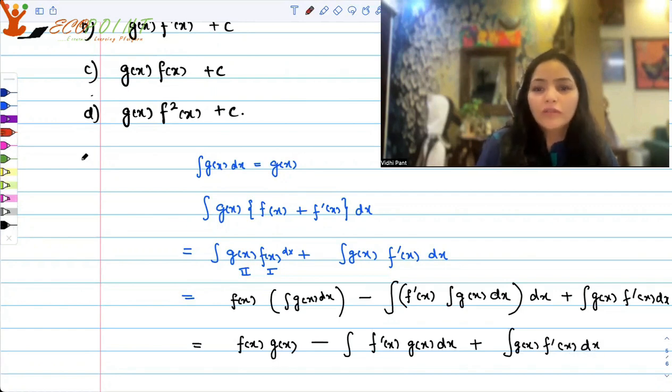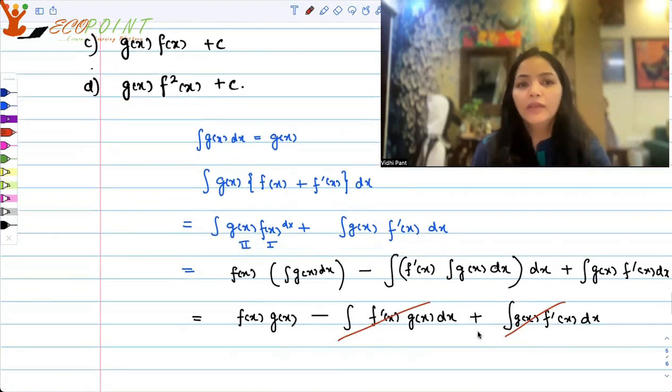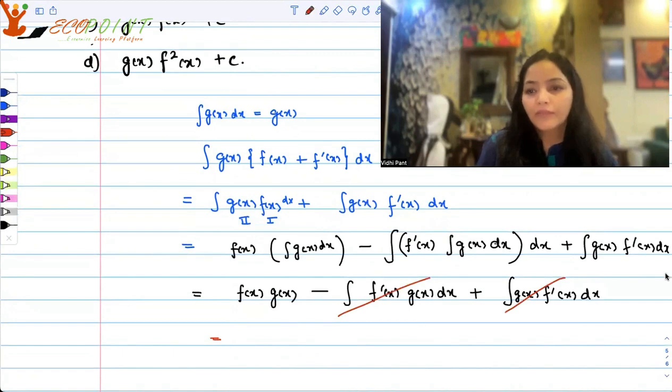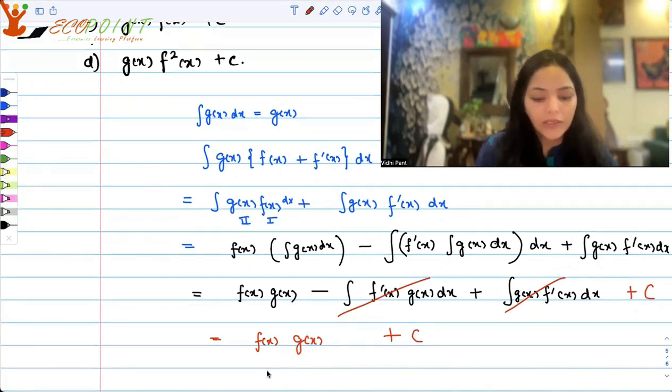So these two terms cancel each other out. And what are we left with? We are just left with plus c. Don't forget plus c. So it's just fx into gx plus c, which should be the correct option.